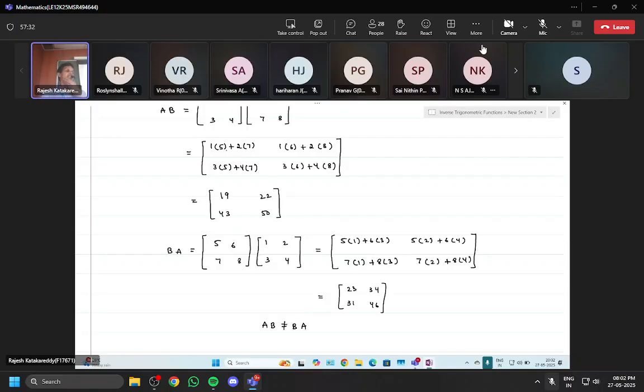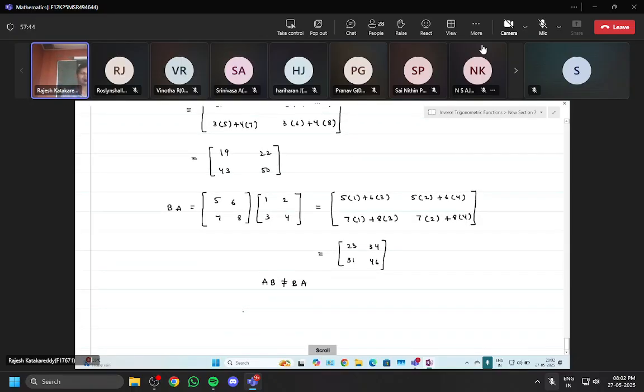AB is equal to AC is given. Can I cancel A on both sides? If I can, in what situation?